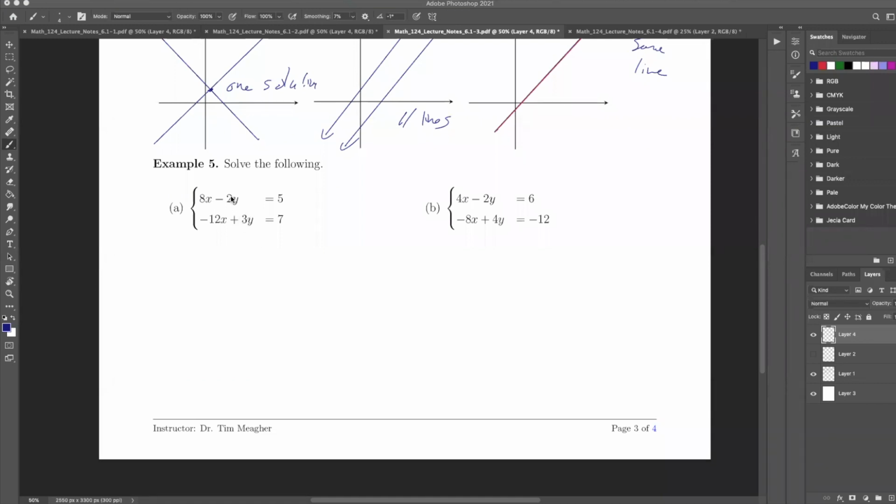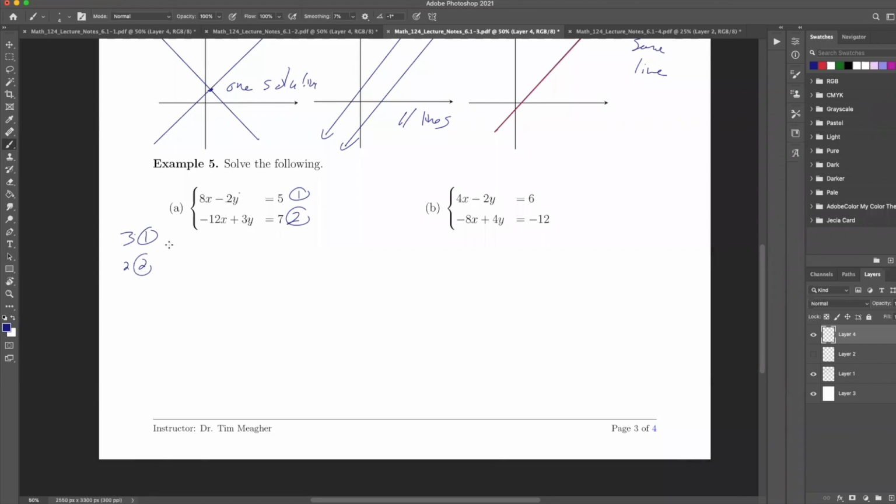Here I have a 3 and a 2, so I'm going to multiply this one by 3, and this is a -2, so I'll multiply this by 2. That should give us positive and negative. So it'll be 3 times the first one and 2 times the second one, and that should clear out a variable.